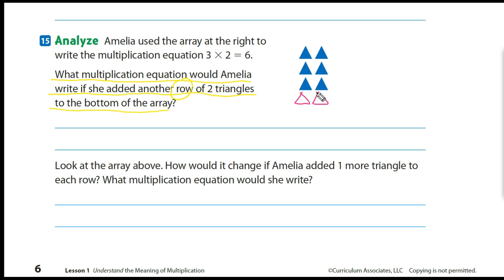Now, what would be my equation? Alice? So are we adding or multiplying? Four times 2 would be, Alice? 8. Thank you.